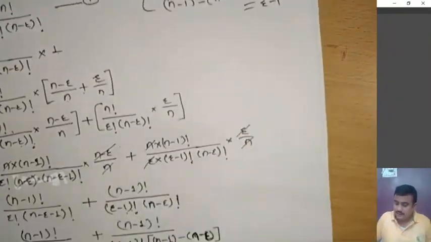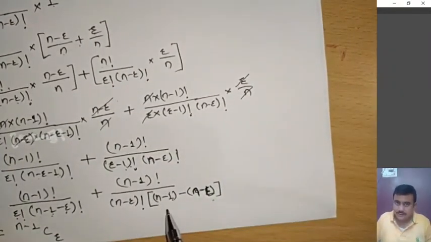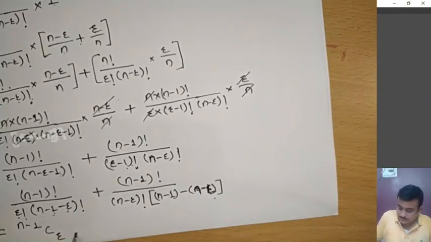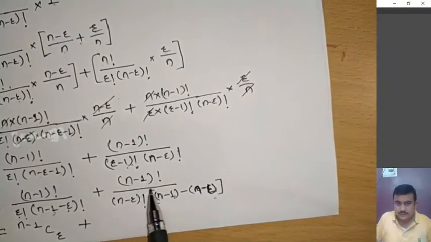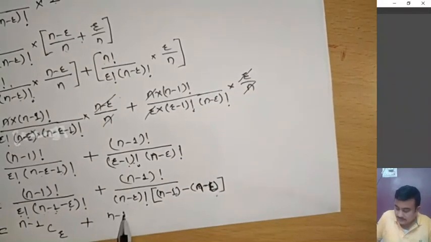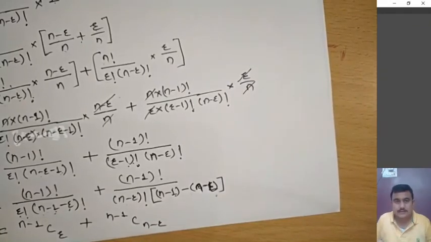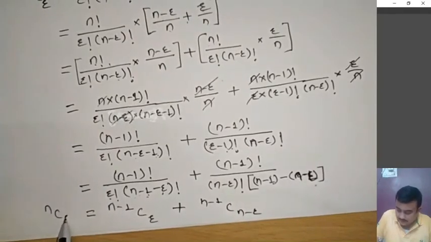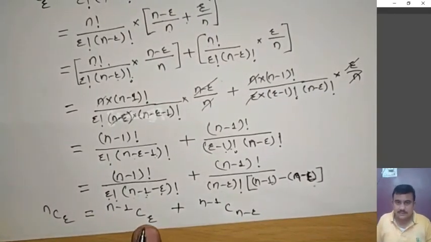So that's why this r minus 1 we have written over here, n minus 1 minus n minus r. So now similarly we can write this term as n minus 1 C n minus r. So this is our proof: nCr equals n minus 1 C r plus n minus 1 C n minus r.